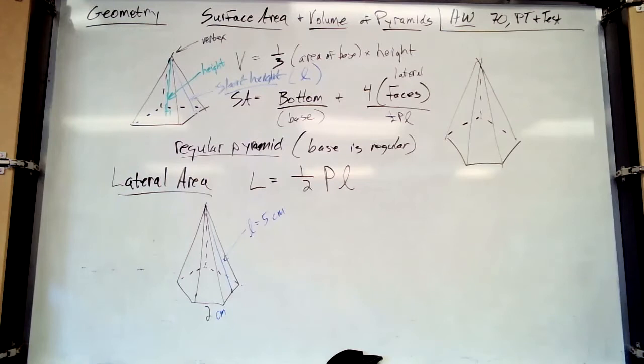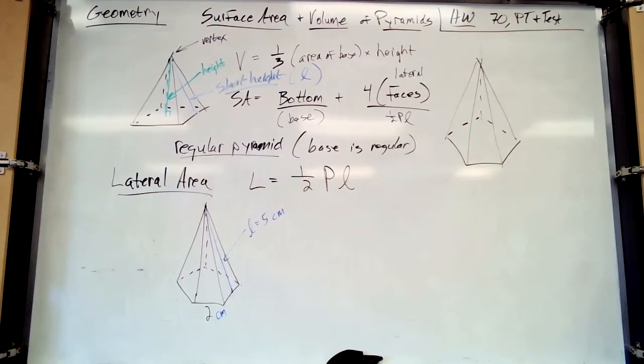Justin? Is it 30? It's not 30. Find the perimeter. I think I know what you did. How do you find the perimeter of a regular pentagon? Well, how many sides is it? It's 5. Yeah. It's 2 centimeters, and there's 5 sides, and so 2 times 5 is 10. Yep. So half times 10.